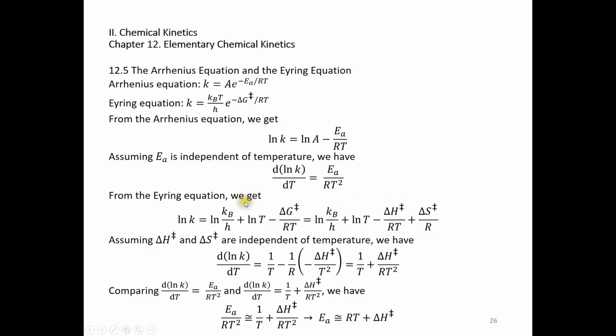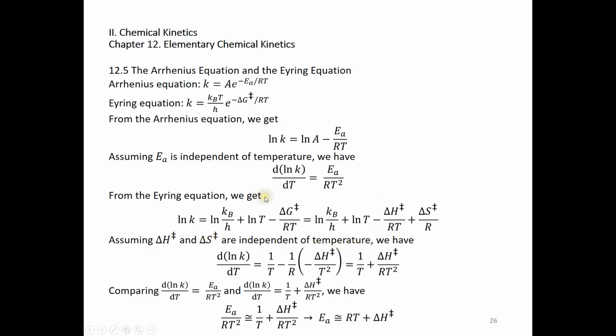This ln T comes from k_B T over h. And over here we have negative enthalpy of activation over RT and plus entropy of activation over R. Now let's assume the enthalpy of activation and the entropy of activation are both independent of temperature.